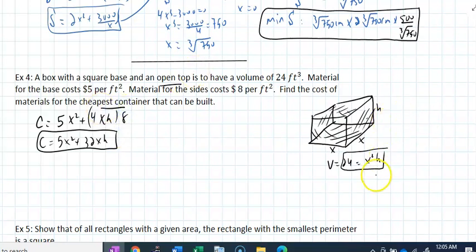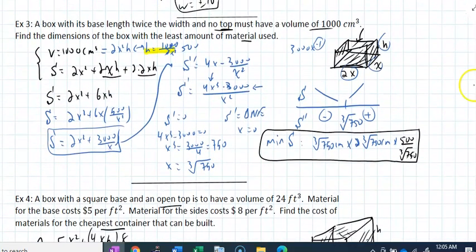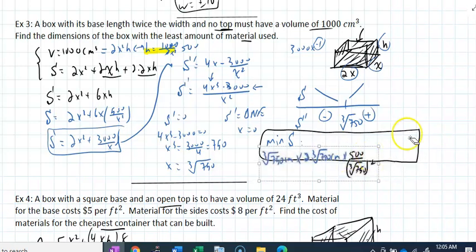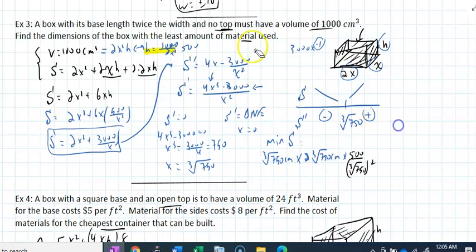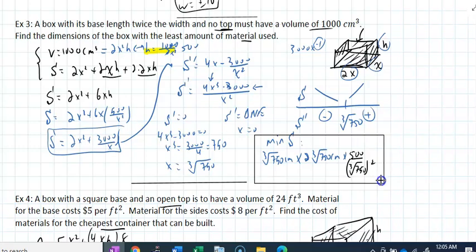Well, too many unknowns. If we solve for h, that's 24 divided by x squared. Substitute that in there. Then the cost would be, let me see the previous problem. Was it squared? It was squared. So you square that. There.